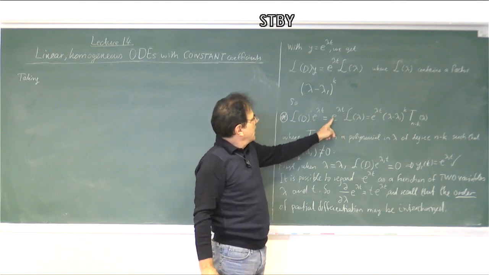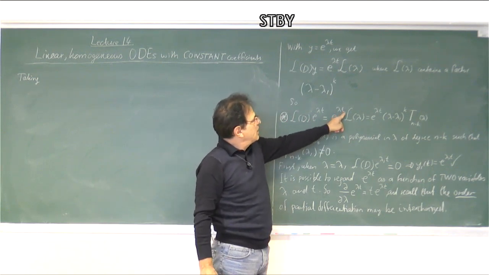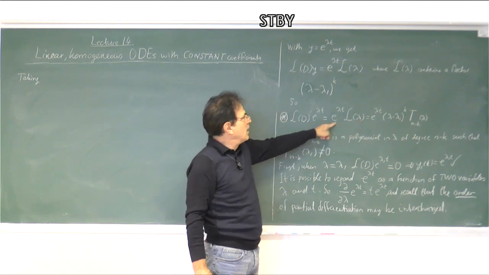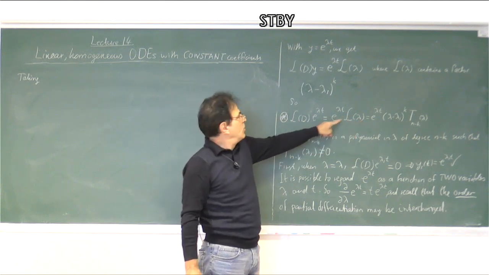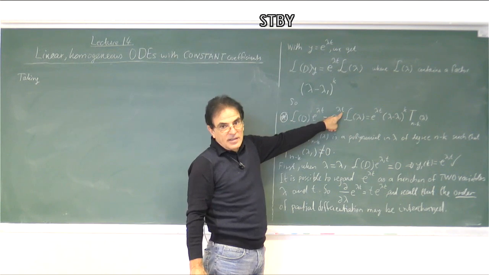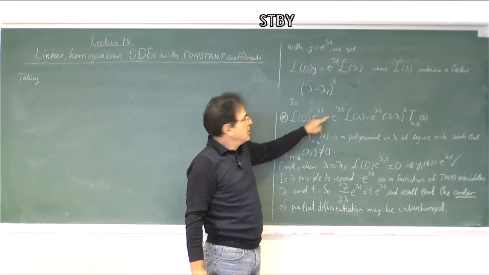It is clearly e to power lambda t times L of lambda. So it is a function of lambda and t. Good?